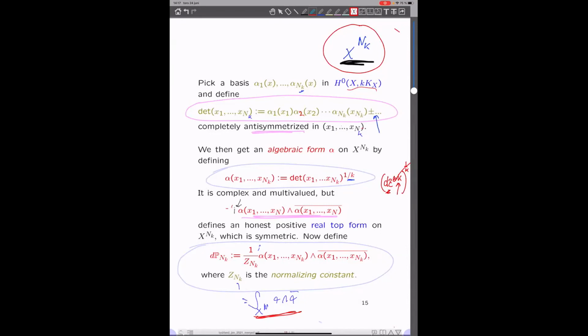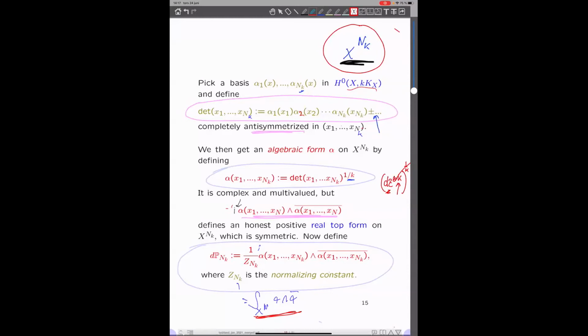I used the determinant, which is anti-symmetric, but when I have a bar, I get an absolute value, so this is now symmetric. Perfect. I define my probability measure as this form alpha wedge alpha bar, divided by the total volume of alpha wedge alpha bar, because I need to normalize to get a probability measure. That's the really simple construction: how I build my probability measure from a basis in this vector space of dimension nk.